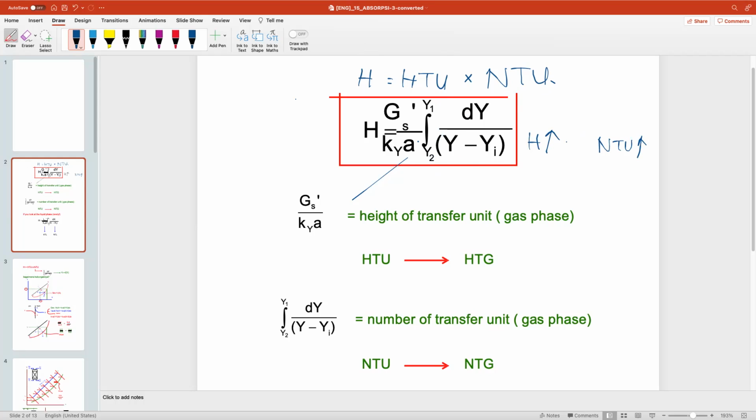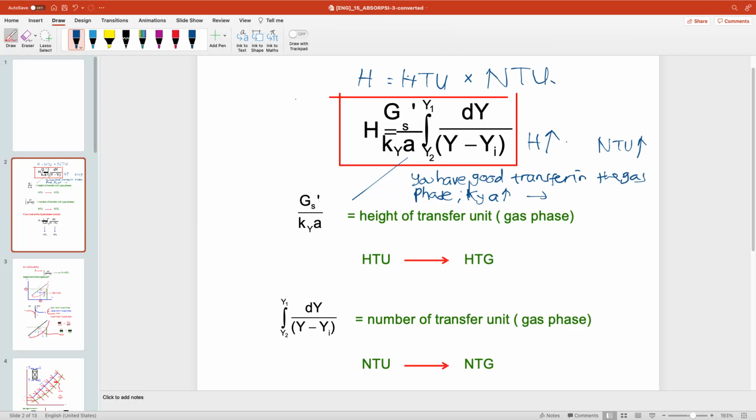Another one: if you have good mass transfer in the gas phase, for example you have a good, expensive packing, you have a high KyA, with good contact between the liquid and the gas, and the mass transfer is also good, then the KyA is going to increase.